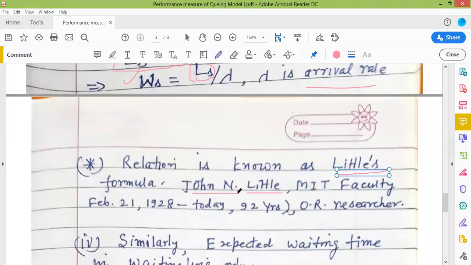He was a professor at MIT, the Massachusetts Institute of Technology, among the top three institutions of technology in the world and one of the oldest.